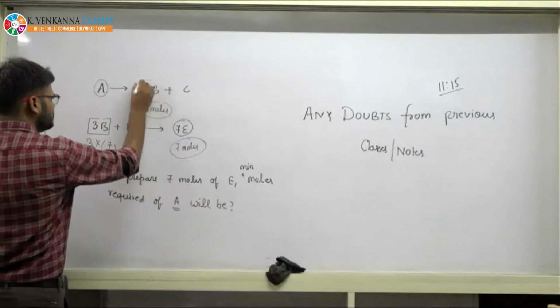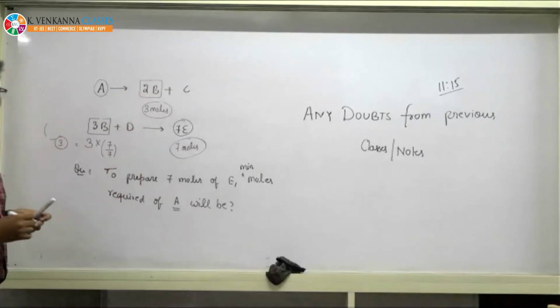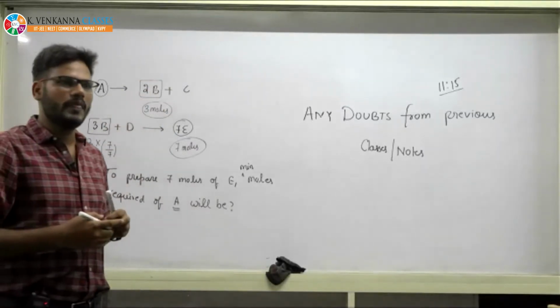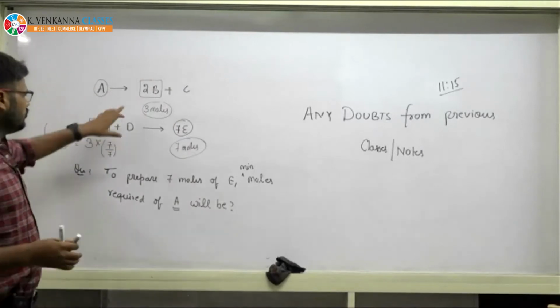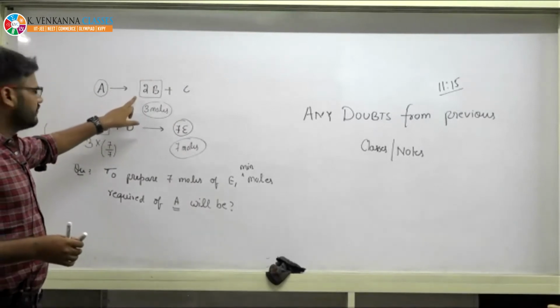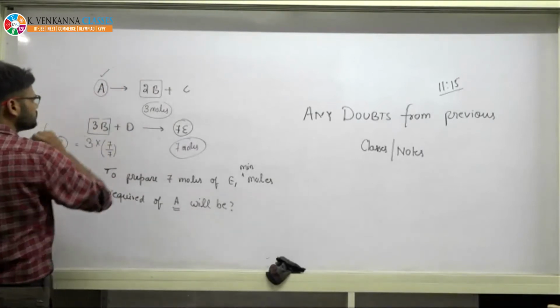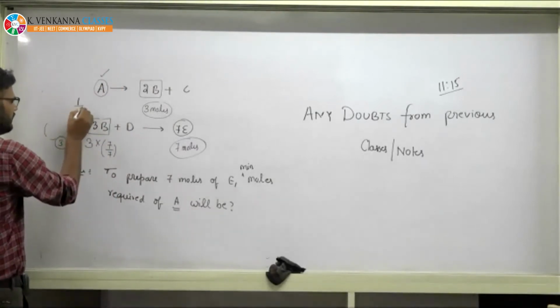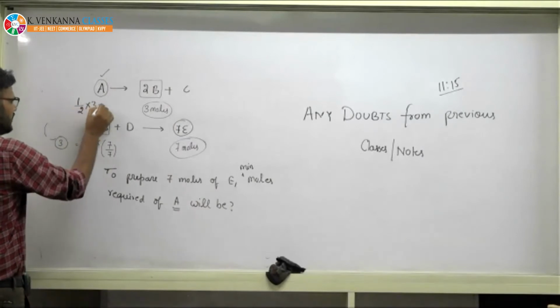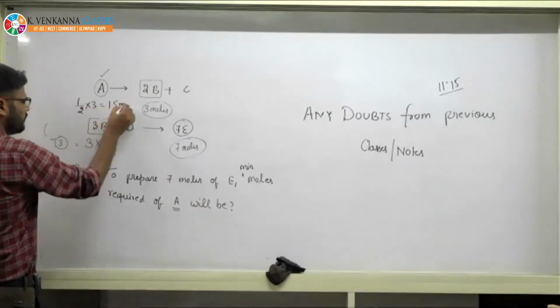This is our common substance. So you got the information about the common substance. We have 3 moles of B, and you want to calculate A. What will you do? 1 divided by 2 into 3, that is 1.5 moles. So the answer will be 1.5 moles.